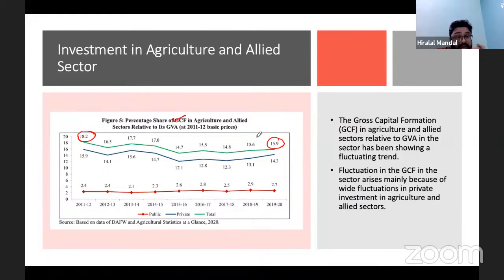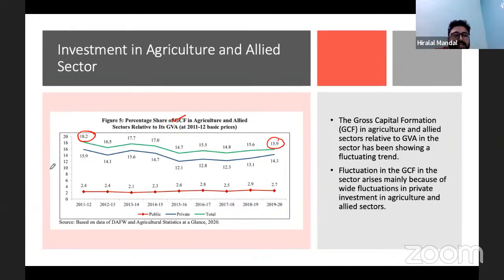We have already talked about how, if such laws could have been implemented, at least one benefit would have been higher investment in the agriculture sector. More importantly, private sector investment could have gone up in agriculture. Now, what about private and public sector investment?